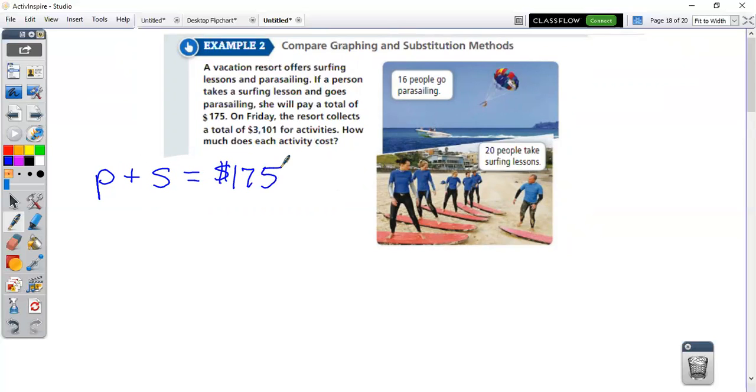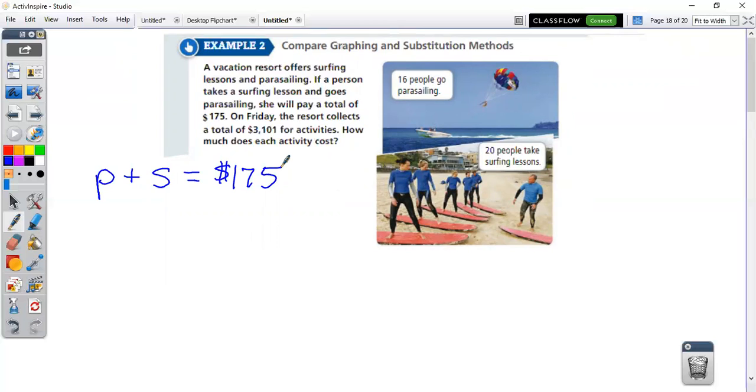$175. On Friday, the resort collects a total of $3,101 for activities. How much does each activity cost? So, how many people? It says 16 people go parasailing, 20 people take surfing lessons.